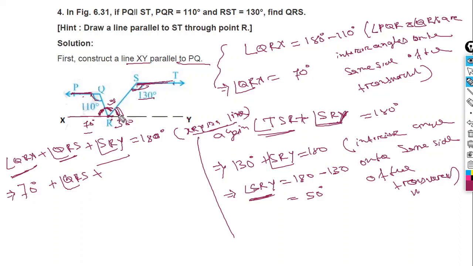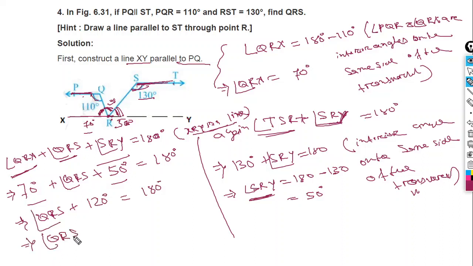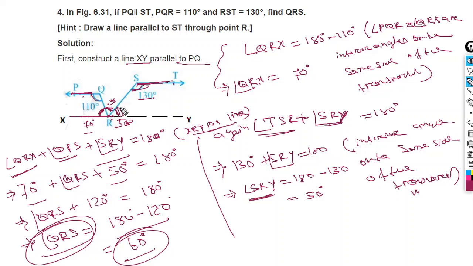Plus SRY is 50 degrees, so plus 50 equals 180. This implies QRS plus the sum of 70 plus 50, which is 120, equals 180 degrees. So angle QRS equals 180 minus 120, which is 60 degrees.